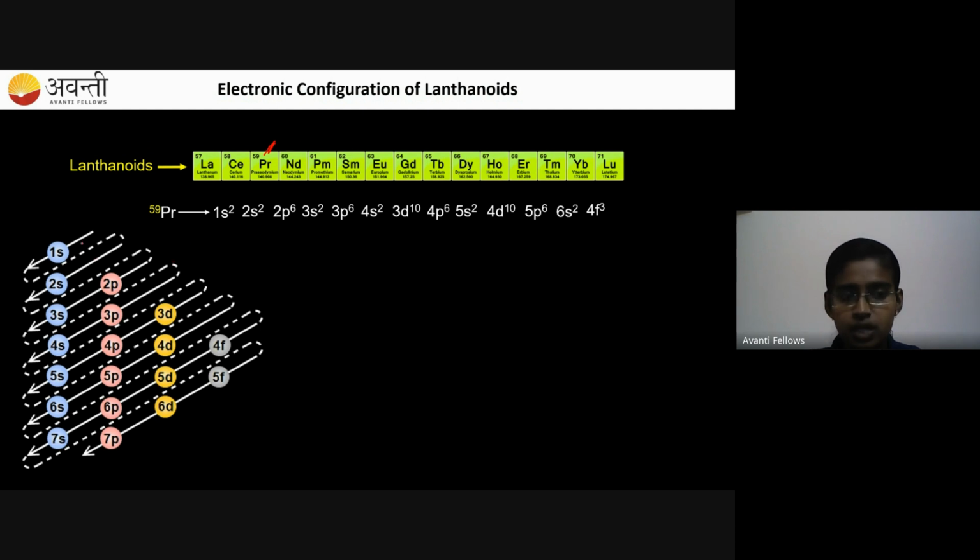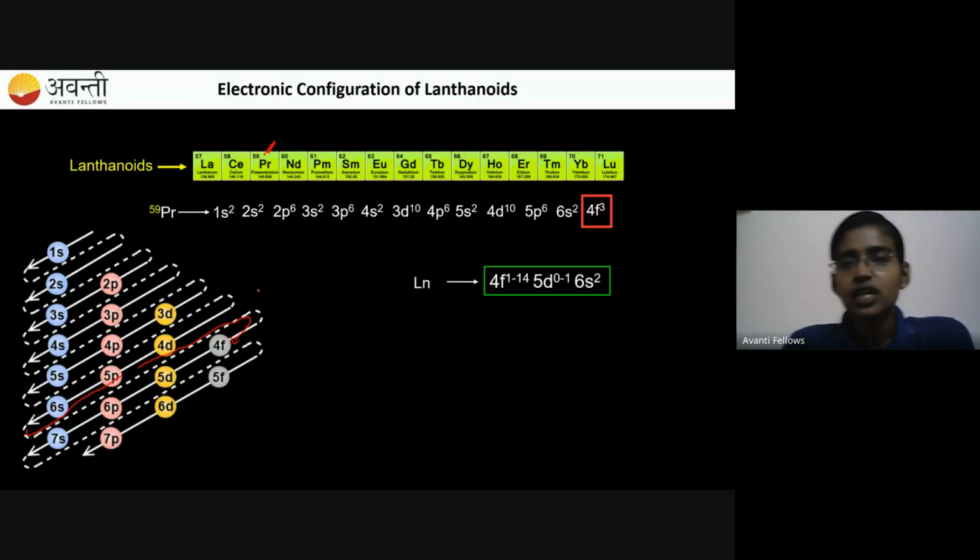From 1s, 2s, 2p, then 3s, 3p, 4s, 3d, 4p, then 5s, 4d, 5p, 6s, and 4f. After 6s only, the 4f comes. So the last electron enters into the f orbital.